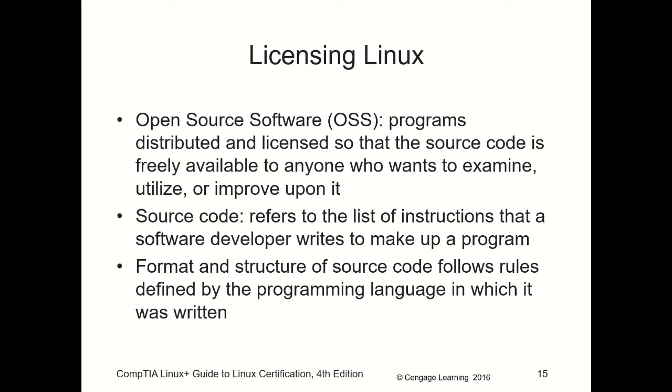The format and structure of the source code follows the rules defined by the programming language in which it was written. You can write a C program, you can write a Java program, whatever. It should follow the format, syntax, the compilation process, the variables, and the allowed versus disallowed variables. All those required elements are provided within the language.